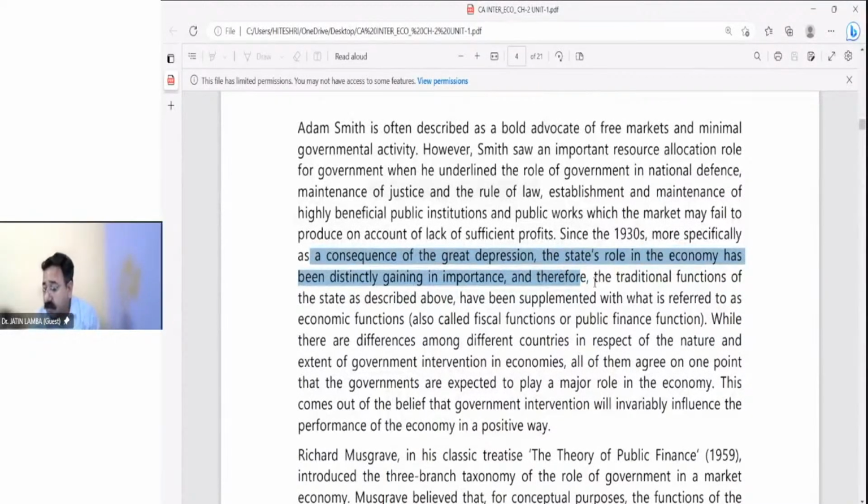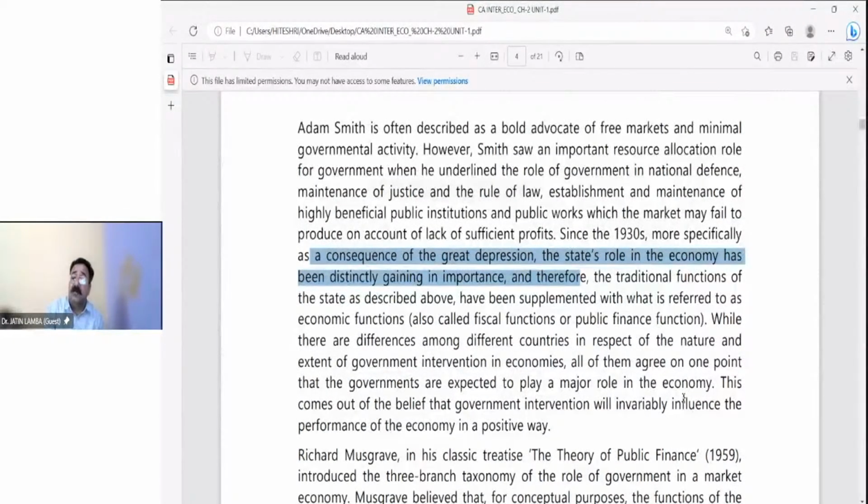Good. So the Great Depression, we have already discussed in the previous session. The Great Depression came in the 1930s, 1929 to 33. After that, J.M. Keynes gave his theory of the equilibrium and determination of the equilibrium level of income and employment.